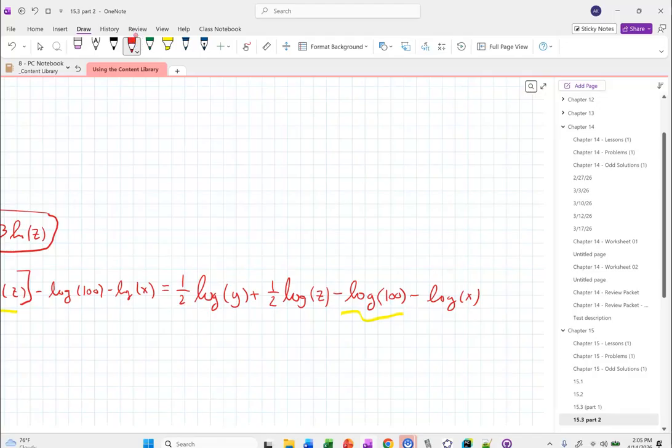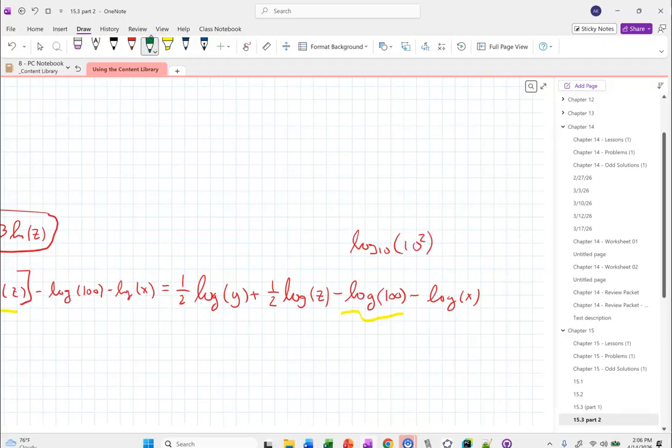When I write log, what is the base there when there's nothing there? That's correct. 10 is the base. Now, can I rewrite 100 as a base 10 number? What is 100 as a base 10 number? 10 to the second.